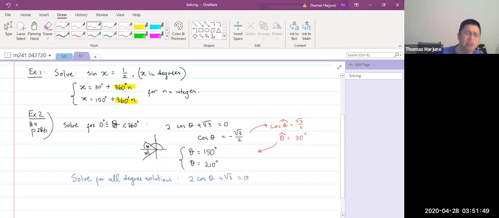So it's actually the same question, okay? But this time our solution is not limited to only the first period from 0 to 360 degrees. We want the general solution. So we get cosine theta equals negative radical 3 over 2.